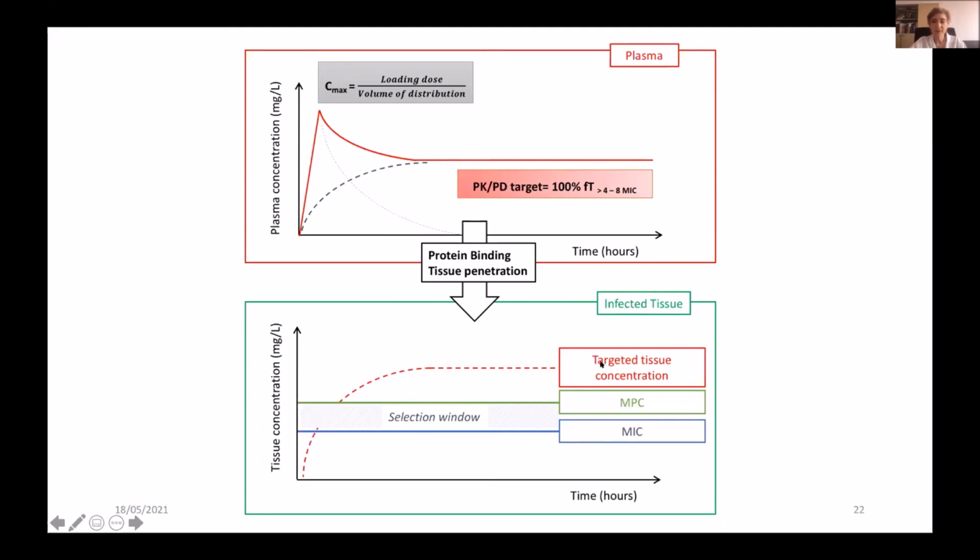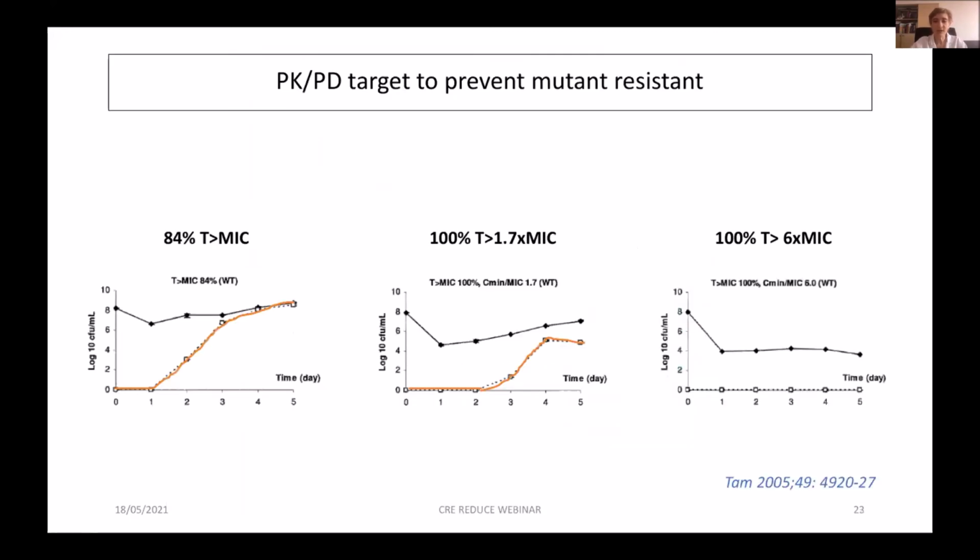And you have represented here the concentration in the tissue above the MIC, and also here above the mutant prevention concentration. And that's the second aim of optimizing drug dosing: to prevent regrowth.